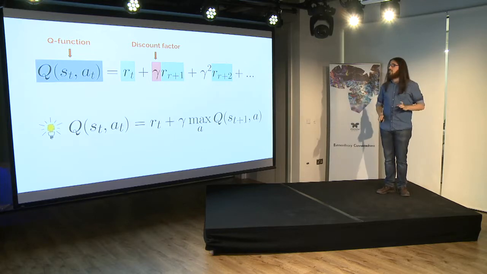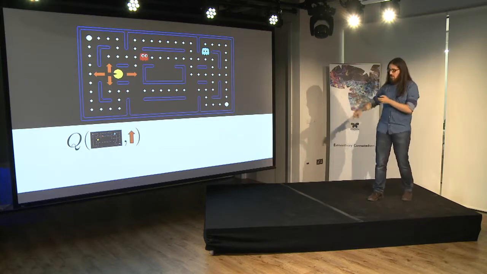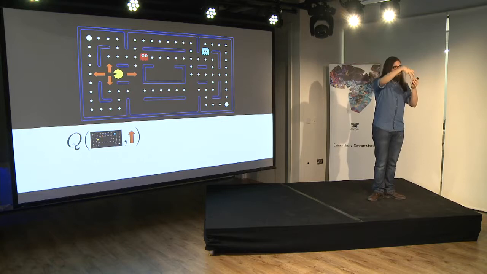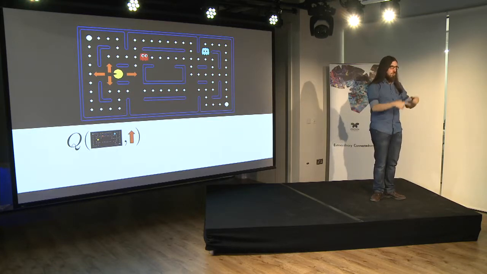Good, so now let's go back and see how this actually plays out. Again, we have our Pac-Man state and all these possible actions, and our problem is to decide which action is best to take now. To do that, we can evaluate this Q function of this given state and this particular action. This thing is actually a number. It tells me how good it is for me to be in this state and take this action right now.